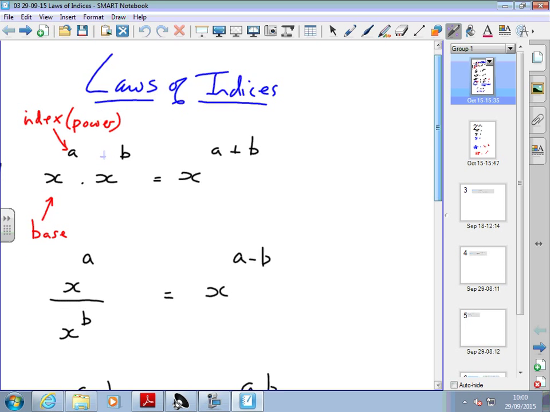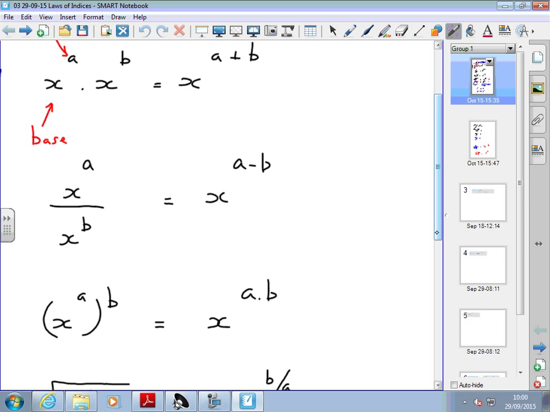The second law: if I've got a number raised to a power divided by another number with the same base raised to a different power, I effectively subtract the bottom power from the top power. And the reason is, if I've got, say, x cubed over x squared, that would look like x times x times x over x times x.